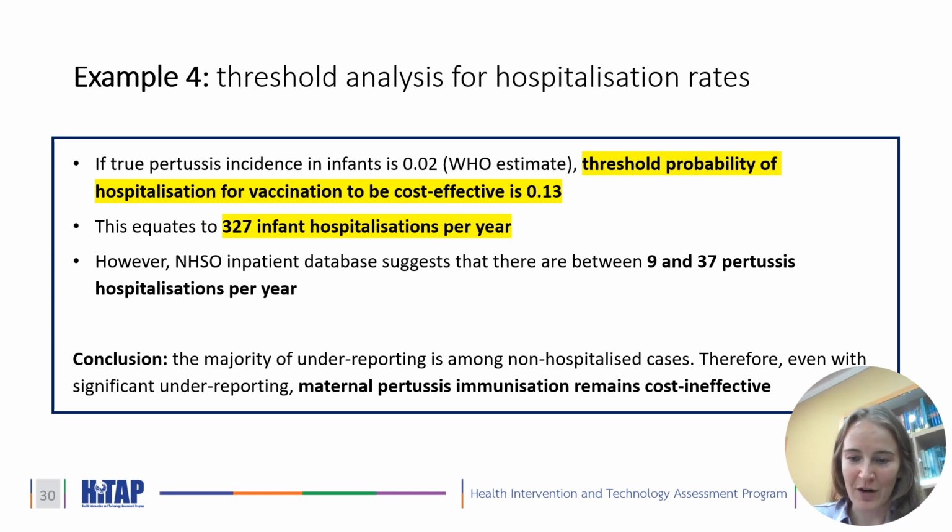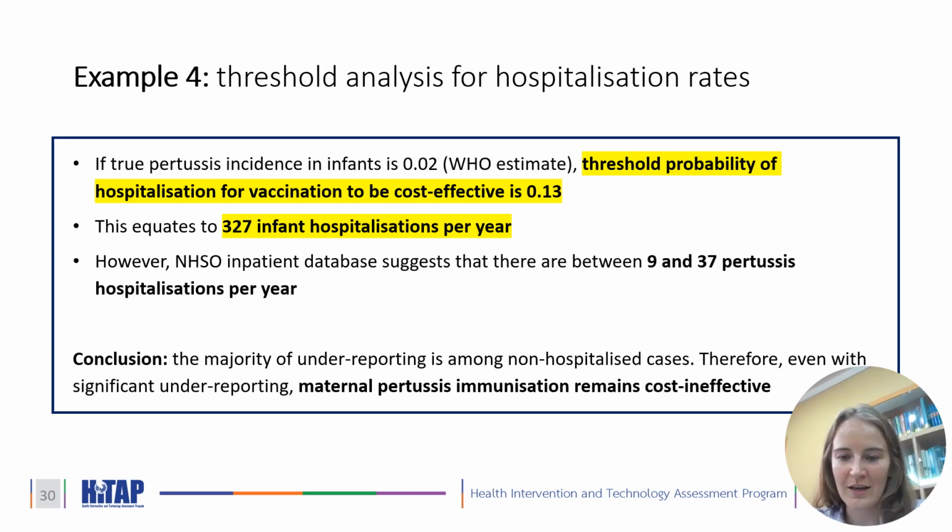What would the level of underreporting in hospitals need to be for it to actually be realistic to have this very high pertussis incidence? So we ran a threshold analysis to identify the threshold number of hospitalizations a year that would mean it is still cost effective, because in our model, most of the costs are coming from hospitalization and from ICU admission.